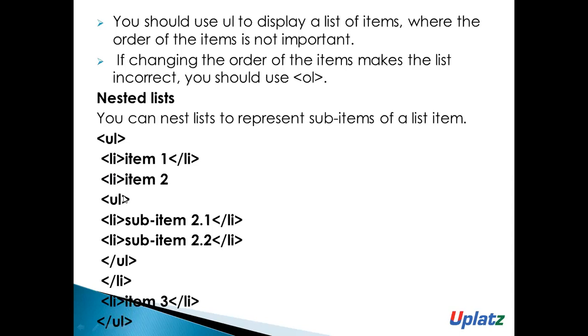Again I'm opening and then closing. So item 1, item 2, this is the unordered sub list of this ul tag, and then I'm closing this list, and then closing ul. So I've created a nested unordered list here.